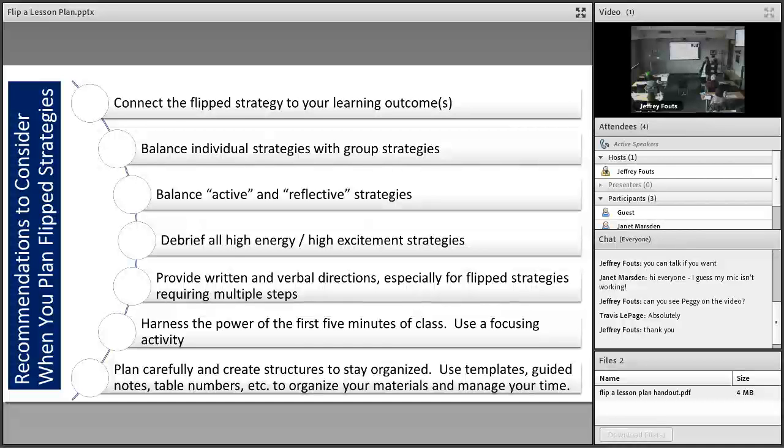Kahoot is a questioning technique. I won't go into Kahoot, but there are so many things you could do using technology as well as pedagogy. You can use whiteboards, index cards, Post-it notes, think-pair-share. There are different techniques you can use.